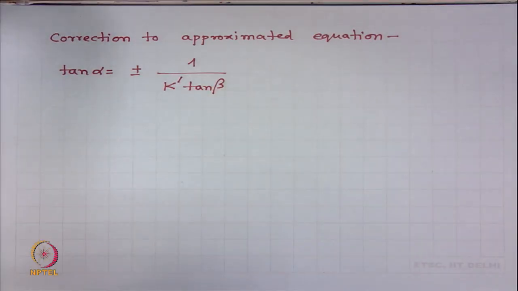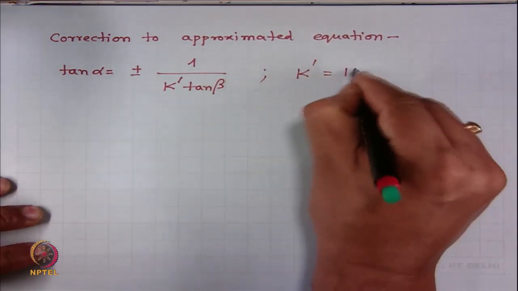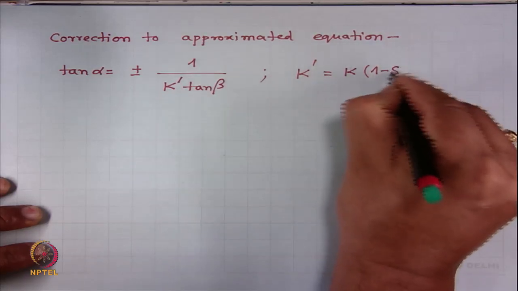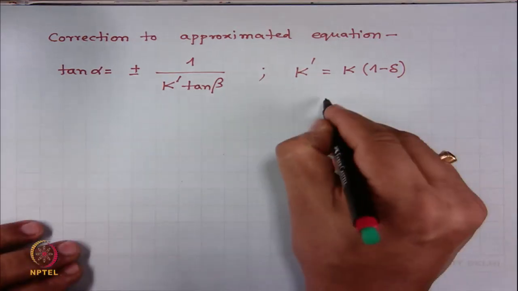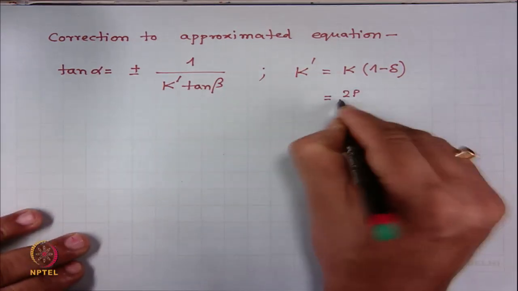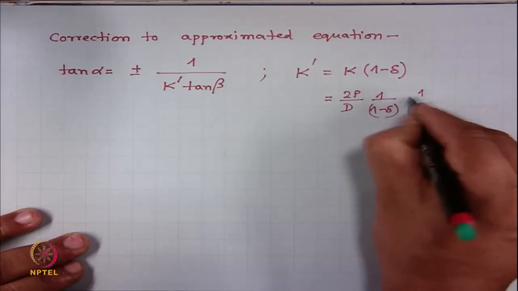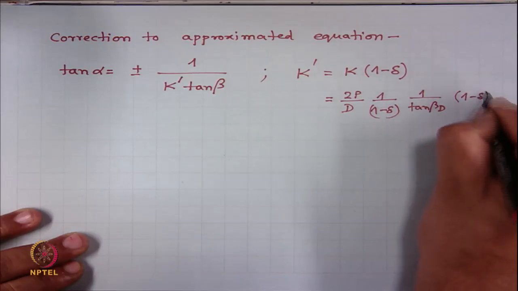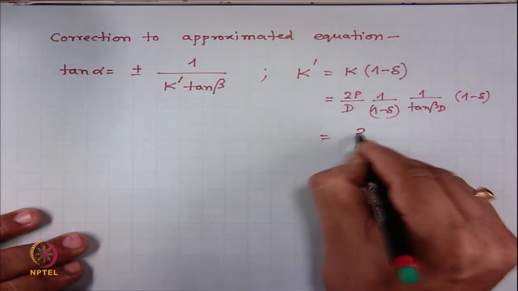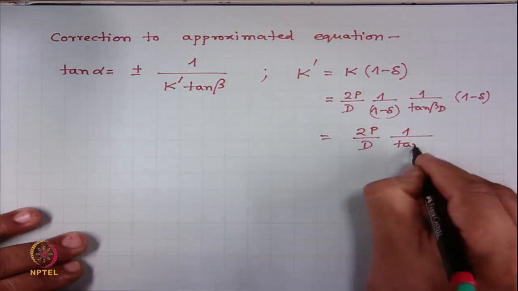Instead of k, we consider k prime. How is the relation between k prime and k? K prime is equal to k into 1 minus retraction. So, k was 2p by d, 1 minus retraction, 1 by tangent of beta d, into 1 minus retraction. So, 2p by d, 1 by tangent of beta d.